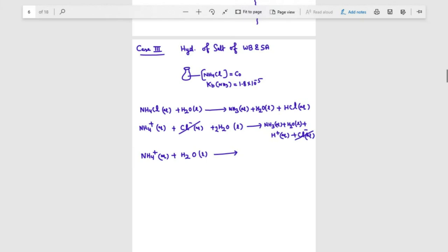This is present in the form of H3O plus, right? Now I am writing in a simplified way that NH4 plus in aqueous state plus H2O in liquid state will form H3O plus in aqueous state plus ammonia in aqueous state. This is the reaction which is happening.